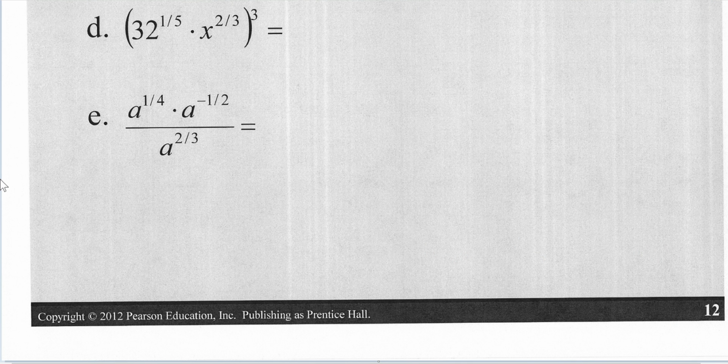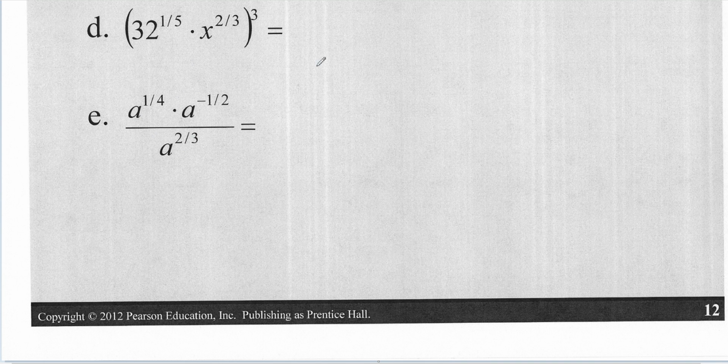All right, here we've got another thing going. Let me get my pencil back. And the thick one. There we go. And we did D already, so let's concentrate on E here. And what do we got here? How about we do the numerator first, and then we will take care of the denominator.